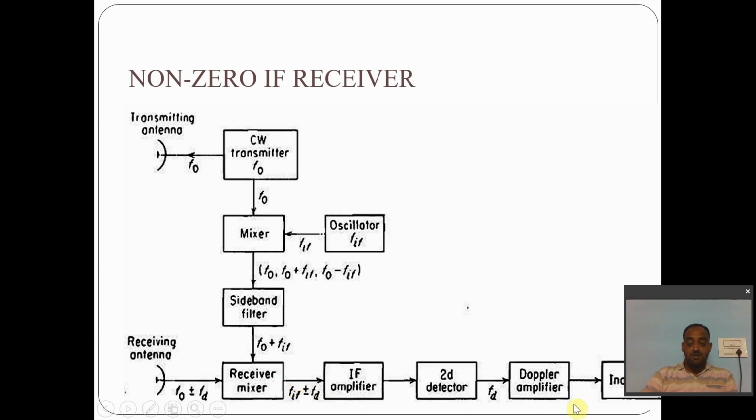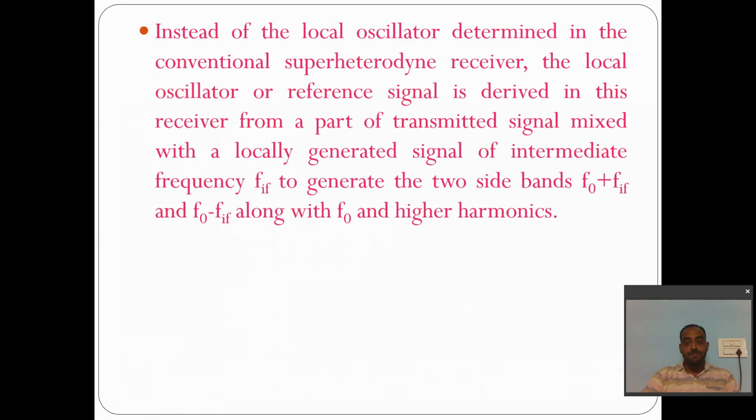Now the system operates at a frequency of FIF plus or minus Fd, which is amplified by the IF amplifier and second detector, followed by the Doppler amplifier. After the second detector, the system produces the Doppler frequency, which is given to the indicator to show at what velocity the target is moving.